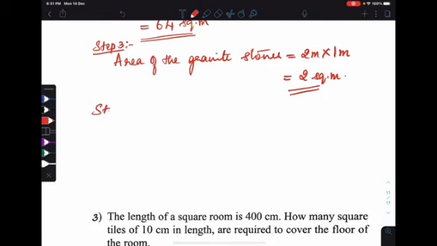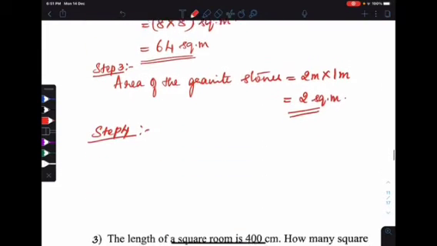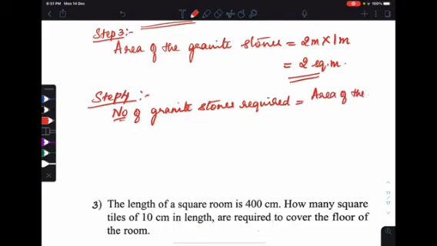Now for step 4, we need to find the number of granite stones required, correct? So therefore, number of granite stones required is equal to area of the room divided by area of granite stones.